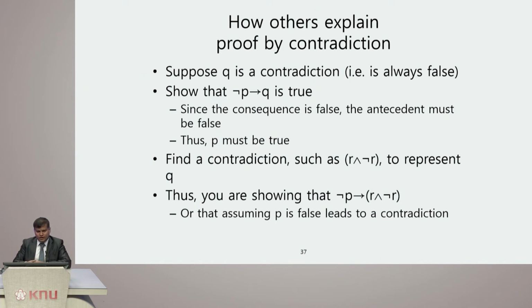So can you check this out again? Suppose Q is a contradiction, which means always false. So you are asked to show that negation of P implies Q is true. Since the consequence is false, the antecedent must be false. So thus P must be true.